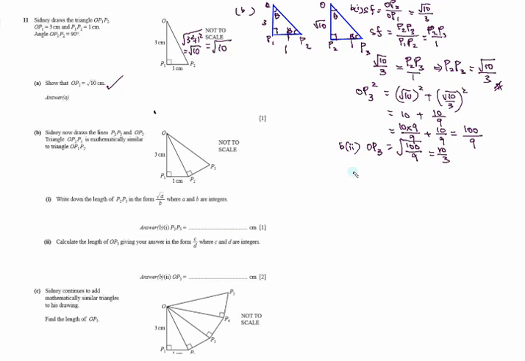Now let's come to the next question. Looking for OP5. Okay, this is OP2, this is OP3. Now we are looking at C. Okay, the scale factor is this divided by this. OP3 is over OP2, so the scale factor, we have the scale factor here already. Okay, so we know that the scale factor is square root 10 over 3.